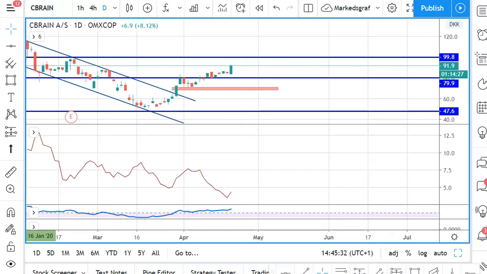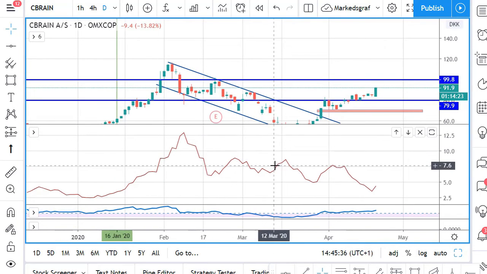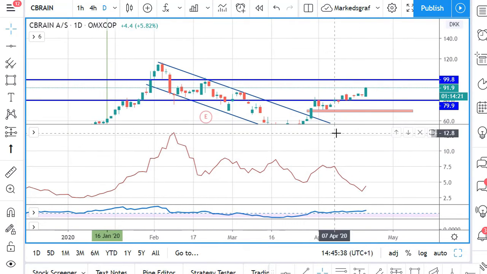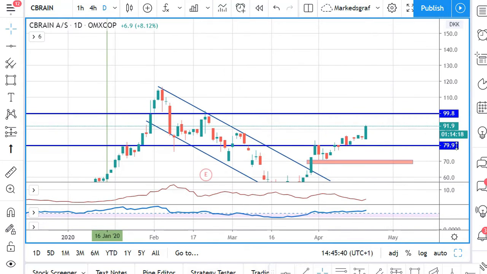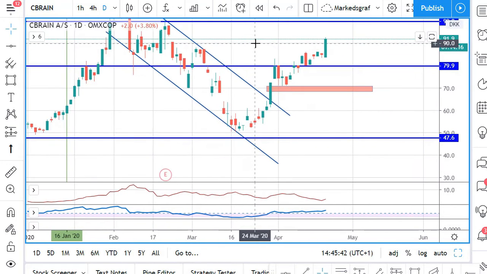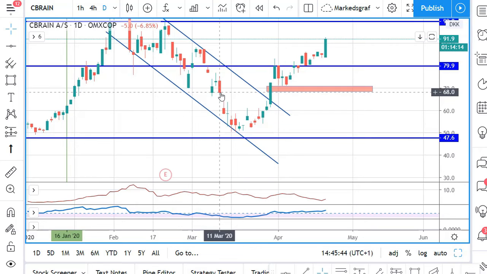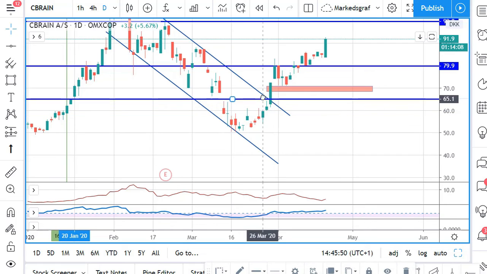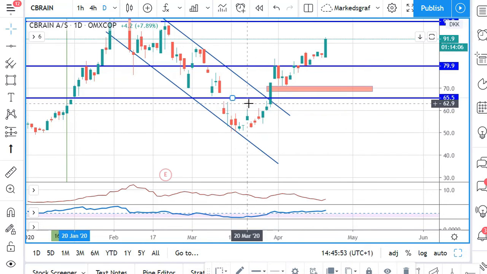Well, if you're taking a look at Cbrain again here, let's say, for instance, that I am in this stock and I have been in it for a while, and I have put my stop, let's just say right here, just for the case of it.